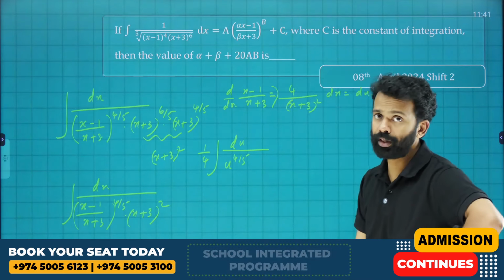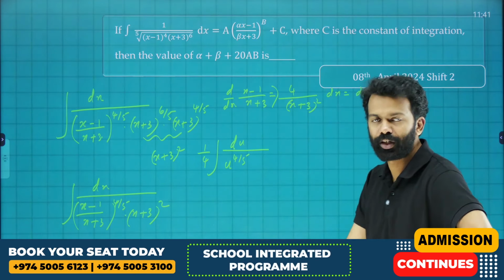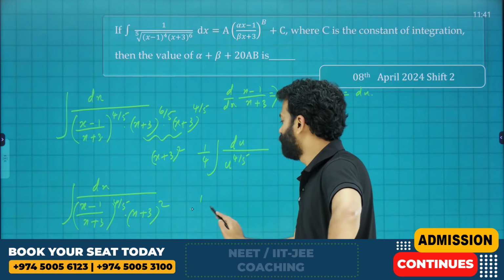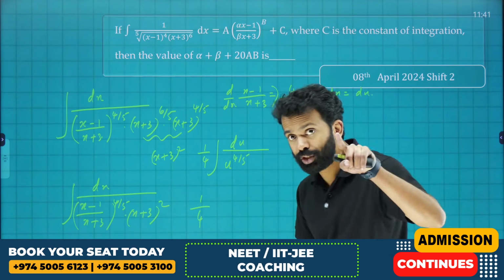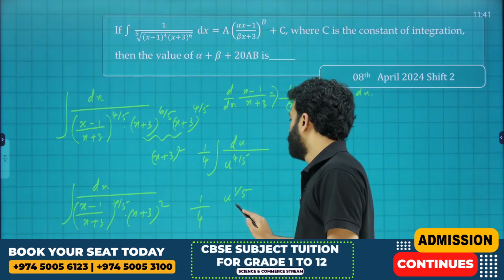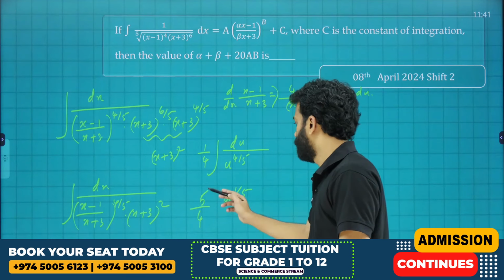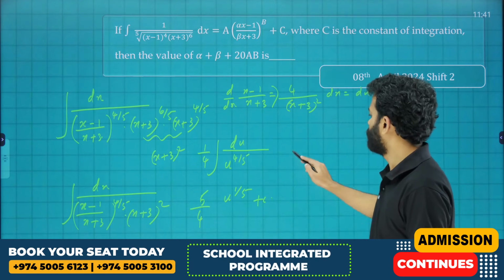If you push it to the numerator, it will be u raised to minus 4 by 5. And after that, you can integrate it. And what is the corresponding integral? That is 1 by 4 into u raised to 1 by 5 divided by 1 by 5. That 5 will come here, plus c. Then we can substitute the values here.